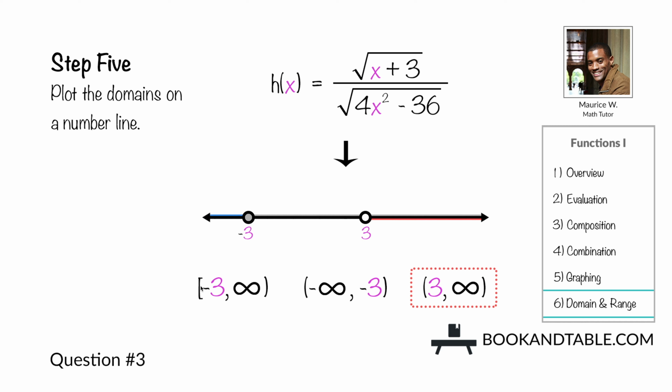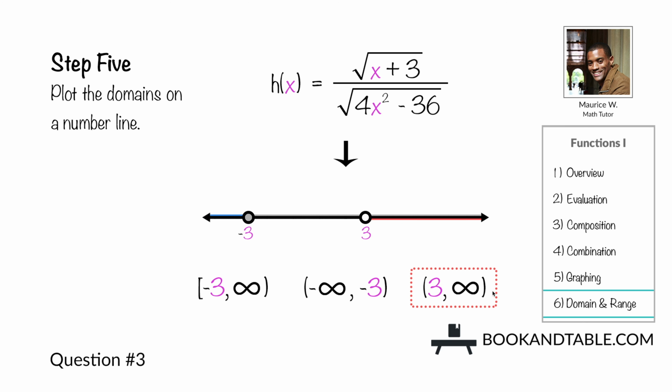So this domain is for the numerator, negative 3 to positive infinity. And then in the denominator, the domain is broken up into 2 parts. This first part from negative infinity to negative 3, but not including negative 3, does not overlap at all with the domain from the numerator.